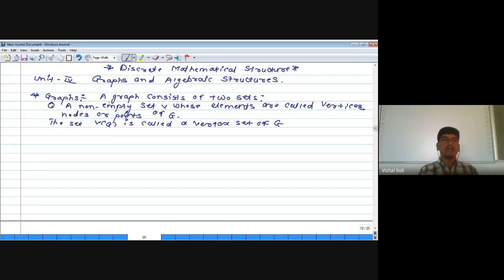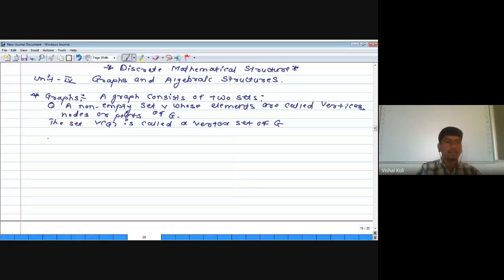So actually graphs are formed by the collection of two sets. First is the non-empty set V, whose elements are called vertices, nodes or points of a graph G, and the set V of G is called the vertex set of G. That is, V of G is nothing but the collection of some vertices, that is some points.